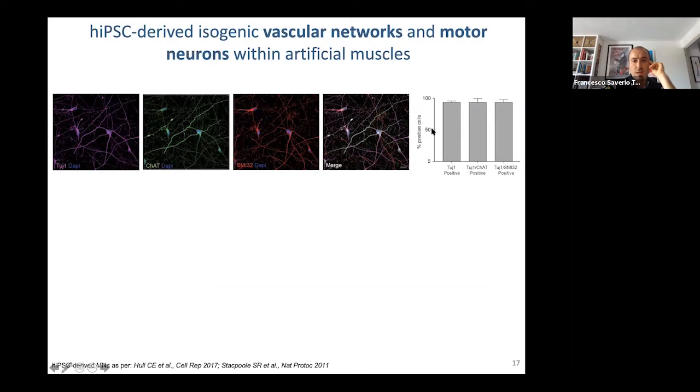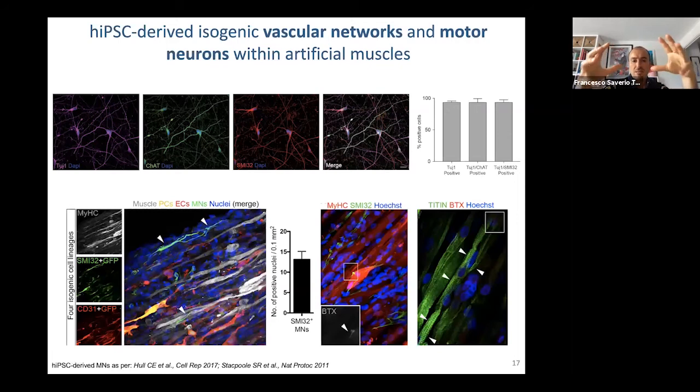And you can see we had a nice pure population of motor neurons that we added to our muscle constructs next to the pericytes, the endothelial cells, and the myofibers, having a quadruple lineage, isogenic, human, fully iPS-derived, three-dimensional artificial muscle. And these are all the different cell types highlighted in different colors in this confocal image.